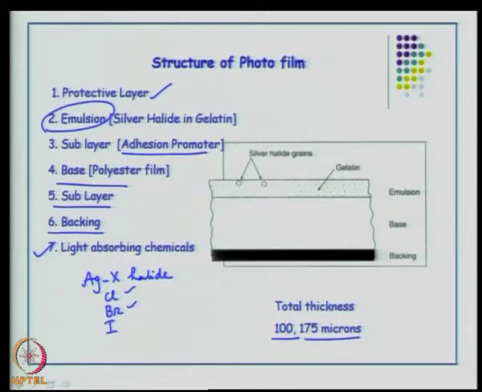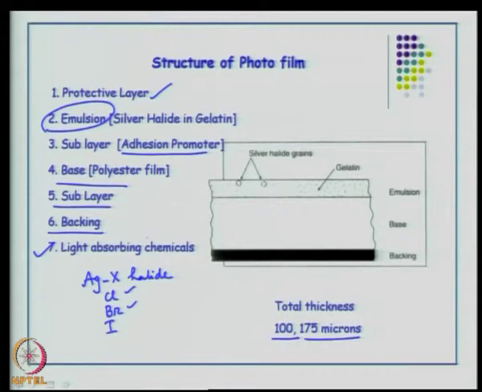Now, I was talking about the light source falling on this film in the actual process of the photographic process or the photoplotting. What basically is required is there should be some light absorbing materials which will start a catalytic reaction, right.